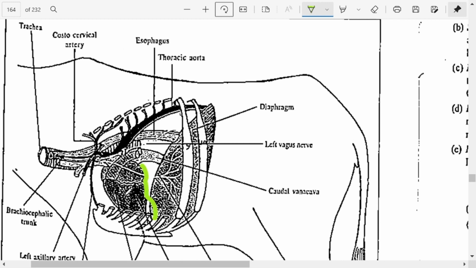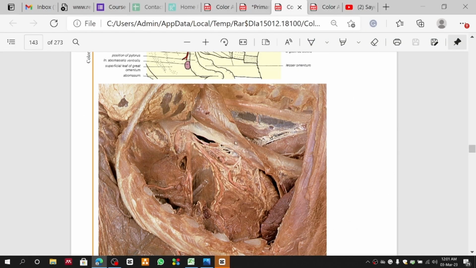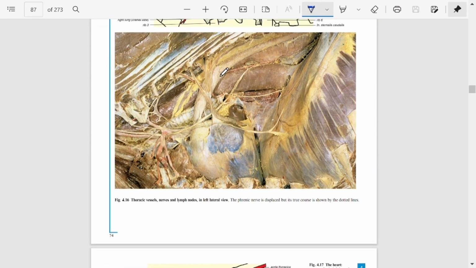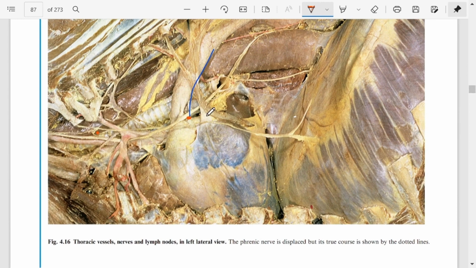This is another photo. So this is that photo. This is another photo. This photo is showing the structure of the heart, the shape of the heart. And this is the trachea.